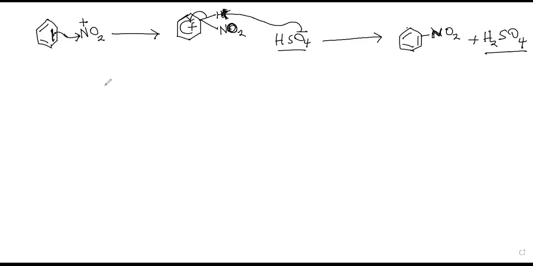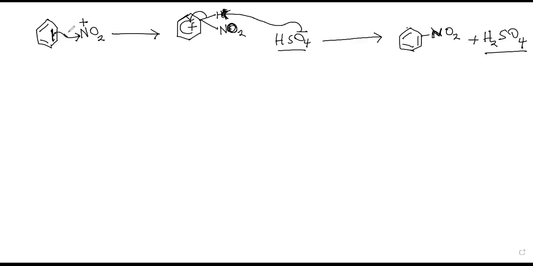It's a matter of knowing what role concentrated sulfuric acid plays, and after it plays that role, what follows. We say that concentrated sulfuric acid protonates nitric acid. So we form protonated nitric acid, which on further treatment with concentrated sulfuric acid will be dehydrated, thus releasing nitronium ion and hydroxonium ion. The nitronium ion is our attacking reagent, being an electrophile, and is the one that will substitute the hydrogen.